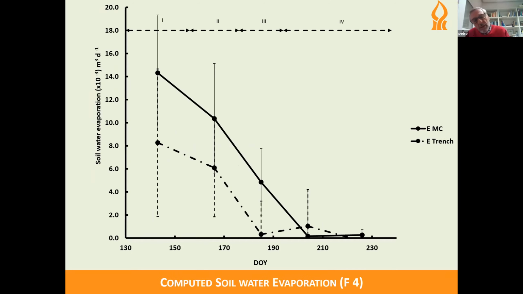For the second season, it is slightly different in the sense that the evaporation for the microcatchments is always higher than that of the trenches for the three measurement periods between irrigations, and both of them reach more or less zero towards the end.